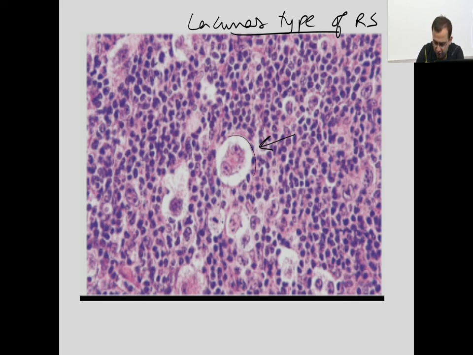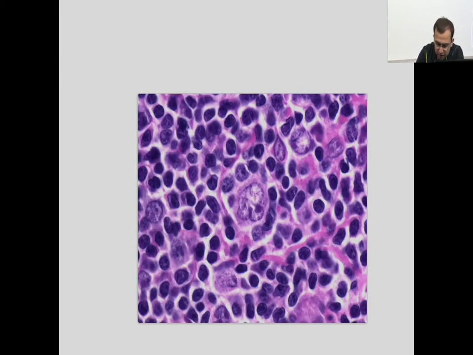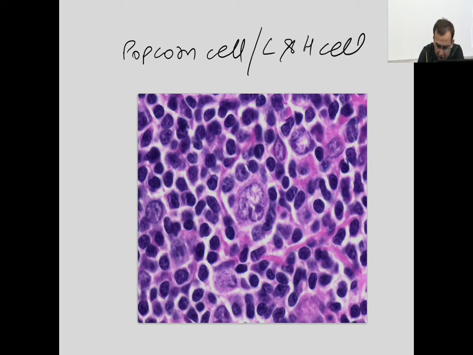Whereas this is the popcorn type of RS cell, the popcorn cell or L&H, that is lymphocyte and histiocytic cell. These are the variants. We'll see them again subsequently.